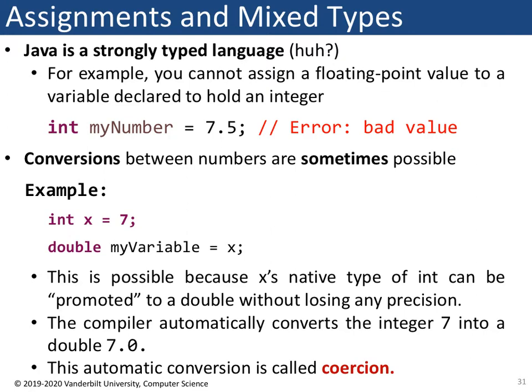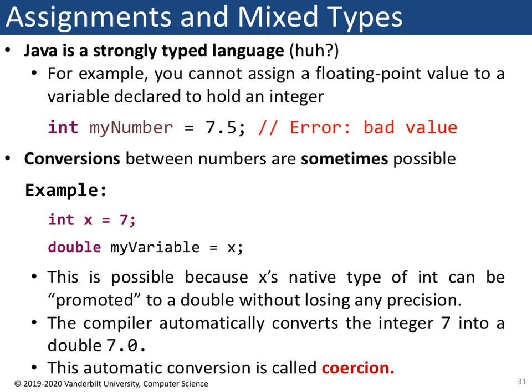Under a certain set of circumstances, you can convert between one data type and another. As an example, we have a variable here declared called x, and x is an integer, and we assign the value 7 to the variable x. We declare a new variable called myVariable, and myVariable is a double, and we assign myVariable the value x.